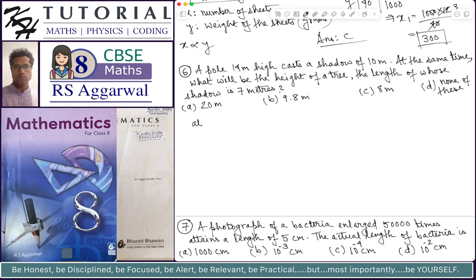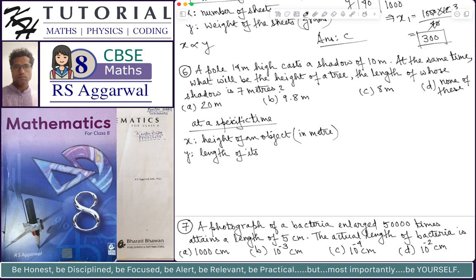At a specific time, if you consider x as the height of an object, let's say in meters, and y to be the length of its shadow, this is also in meters, these two quantities will be varying directly with each other.